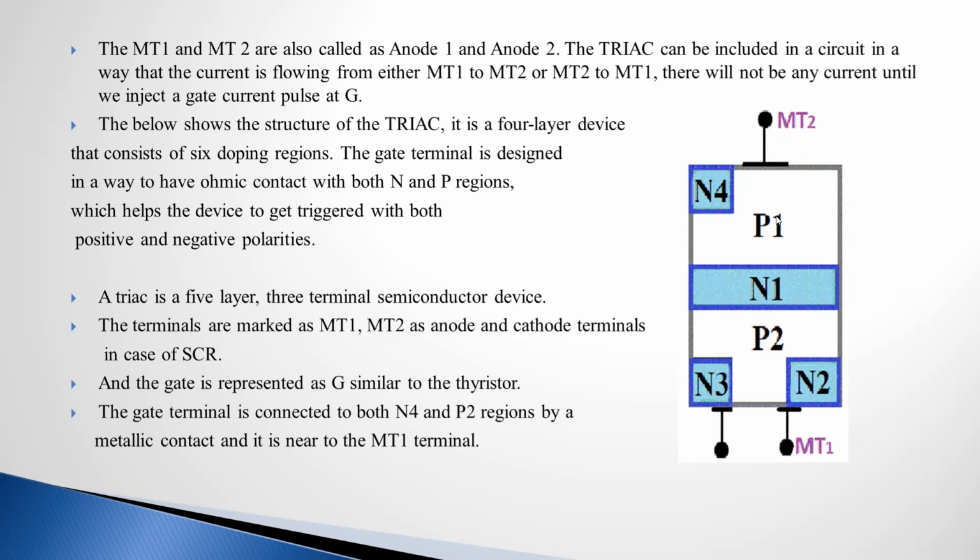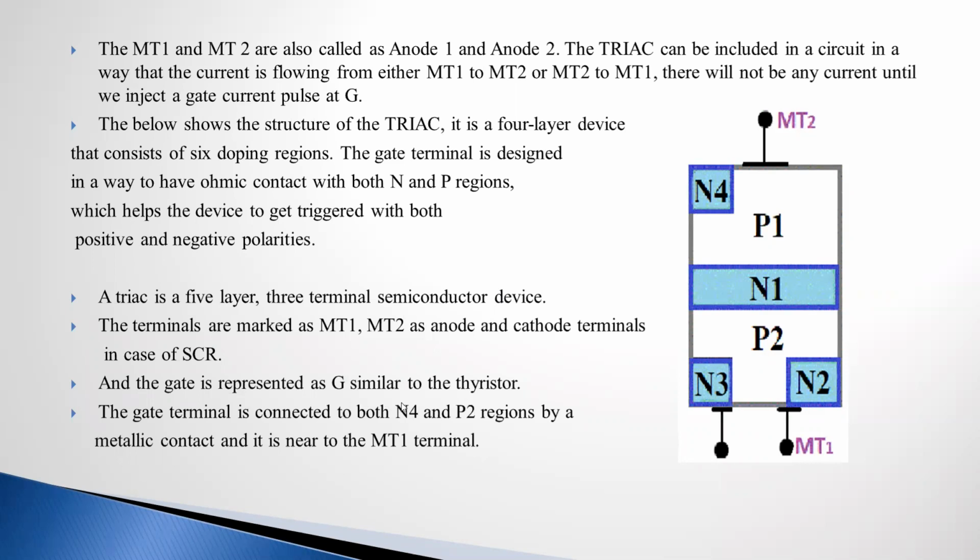This means the doping ratio is different in each layer. A triac is a five-layer, three-terminal semiconductor device. It is marked as MT1, MT2 rather than anode and cathode terminals as in the SCR, and the gate is represented as G like the thyristor.